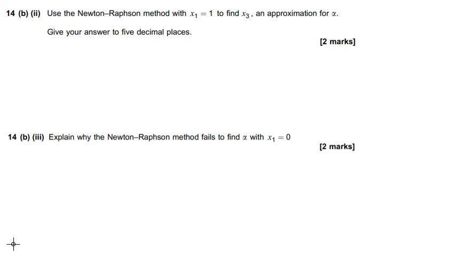Newton-Raphson method. So let's just write down the Newton-Raphson formula because we're going to use that. So the n plus 1th value of x is equal to the nth value minus the ratio of the function at xn divided by the derivative at xn.